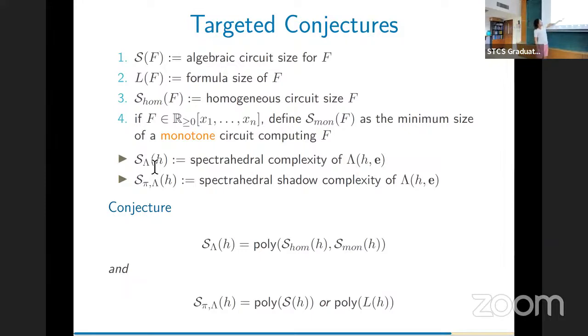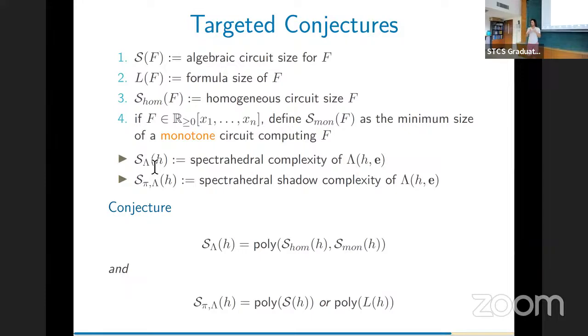I think that the spectrahedral complexity of the hyperbolicity cone, assuming it is spectrahedral, is polynomial in either the homogeneous complexity or the monotone complexity. Clearly this is much larger, so I believe this should be the thing that dominates, like the monotone complexity, because spectrahedral has this monotonicity to it.